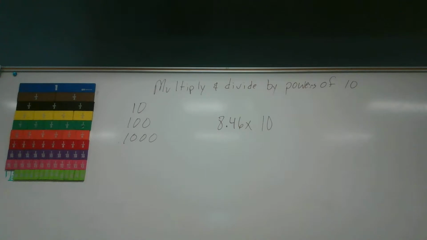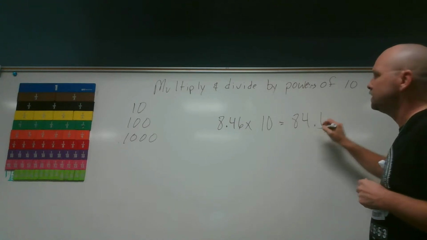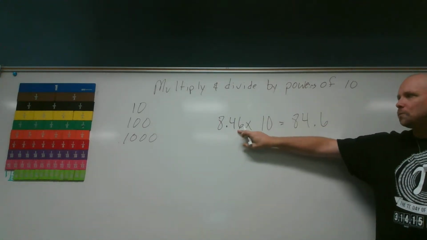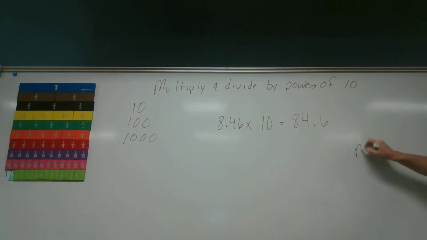The answer would be 84.6. Good. 84 and 6/10. When I multiply, I move it to the right. So when you multiply, it goes to the right.